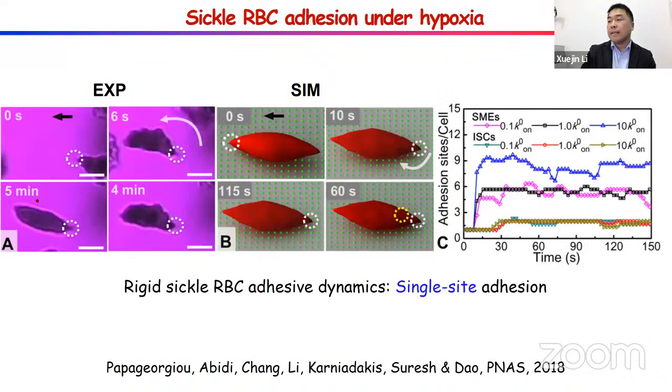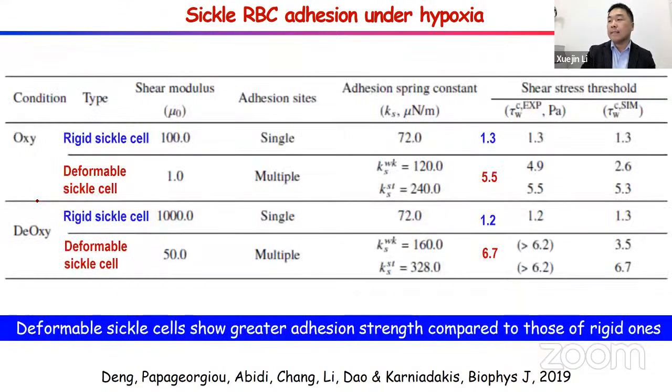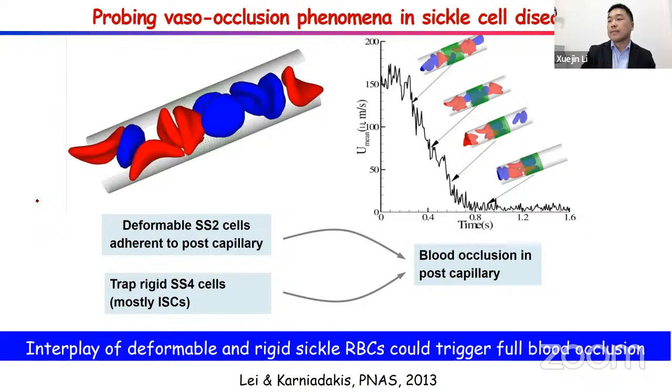Yeah, actually, I think in Juan's simulation study, they show that the deformable sickle cells are more adherent to the blood vessel wall. So it's easy for this kind of cell to attach to the blood vessel first.